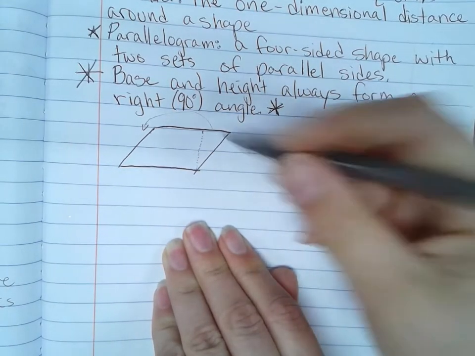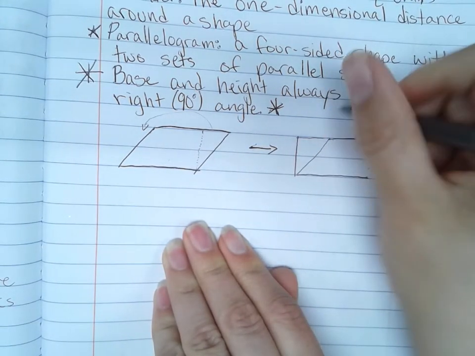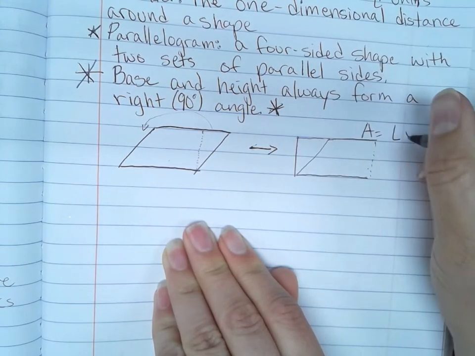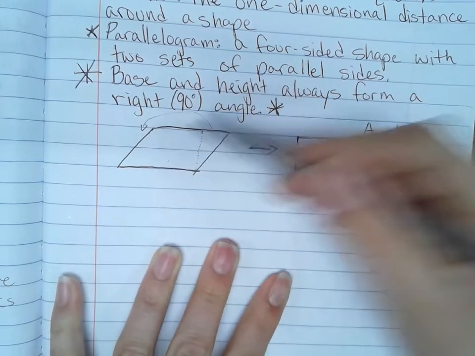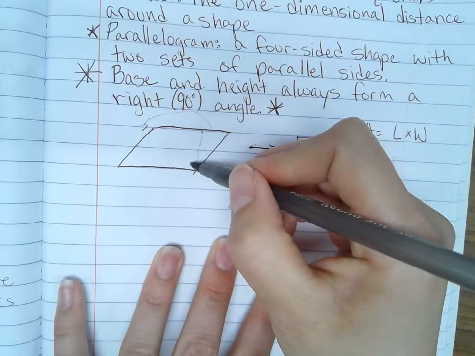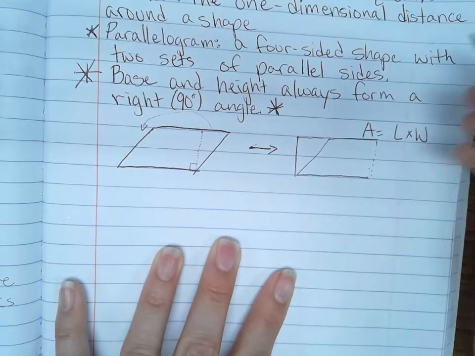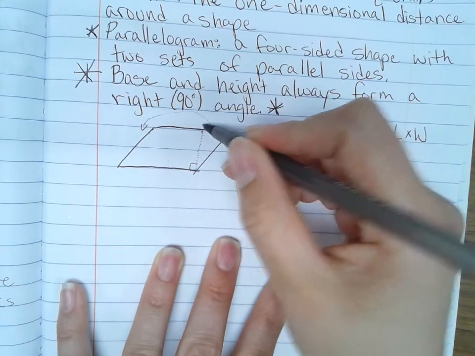So parallelograms, you know how to find the area of a rectangle. The area of a rectangle is length times width. Well, here, if you look at it, you can find the length and the width. It's what makes a right angle. So here, that's the same as the height and the base that it makes a right angle with.